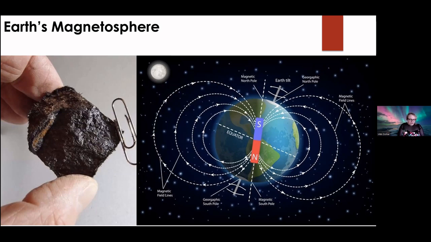So the shape and the size of the magnetic field is continuously changing, buffeted by the solar wind. And we will talk about the solar wind really soon.